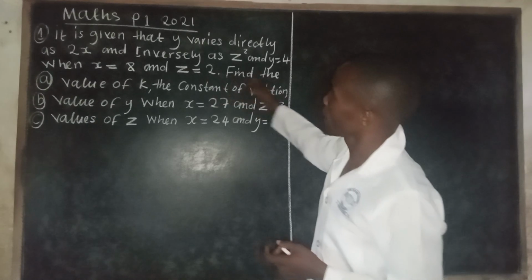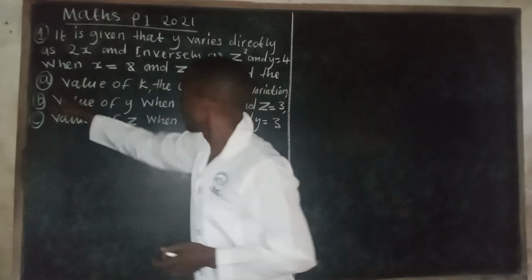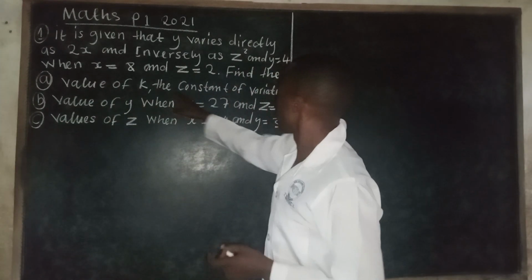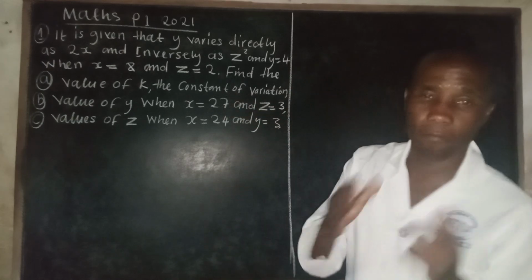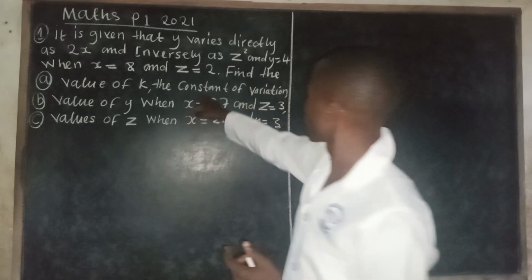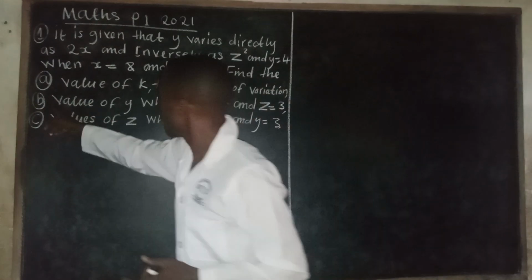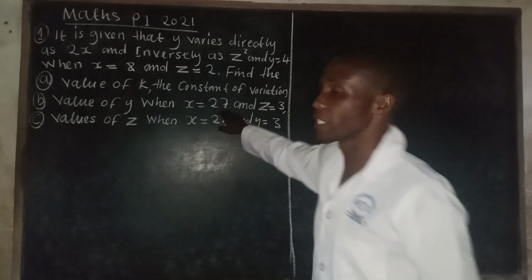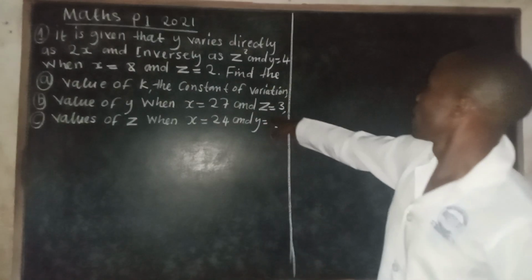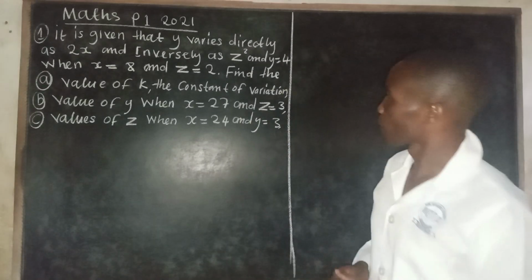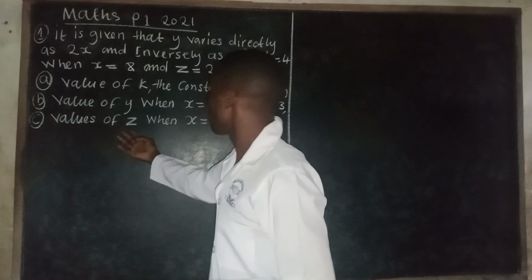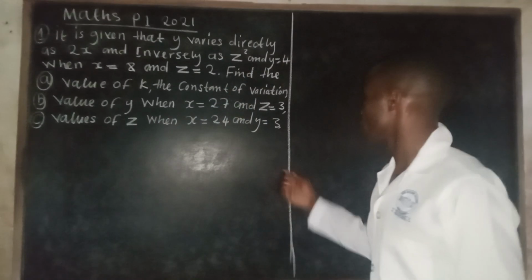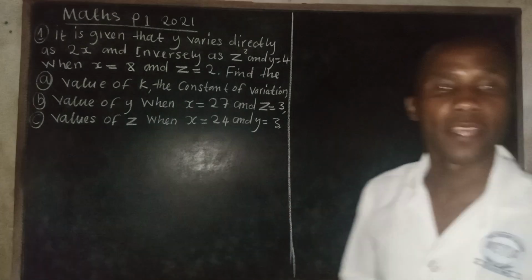Find a, the value of k, the constant of variation. Then b, the value of y when x is equal to 27 and z is equal to 3. Then c, the value of z when x is equal to 24 and y is equal to 3.